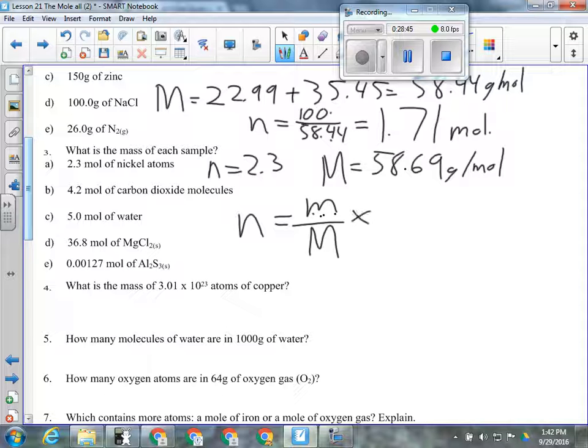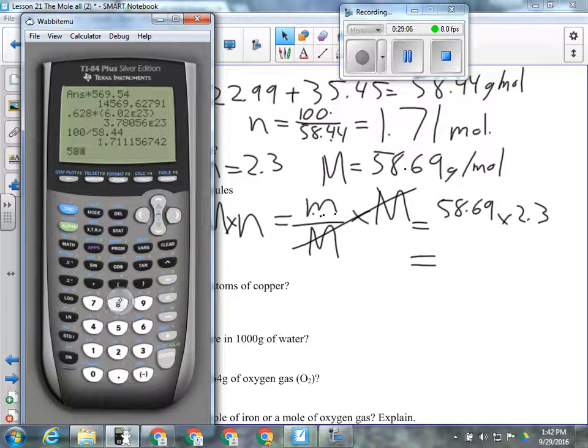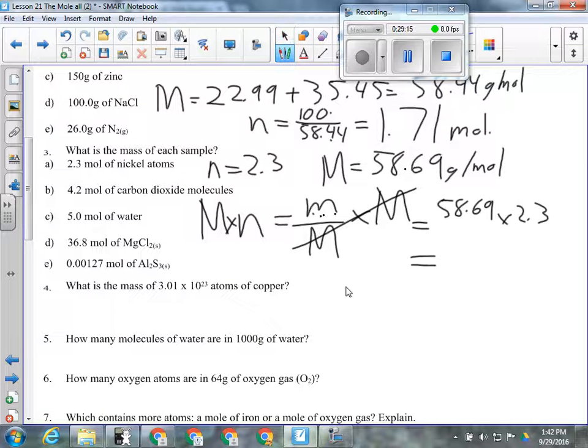So I multiply both sides by big M, and I've got my formula. Now I plug in my numbers. Big M was 58.69, and N was 2.3. All right, 134.99. What are my units? Grams. I'm solving for mass, so my units have to be in grams.